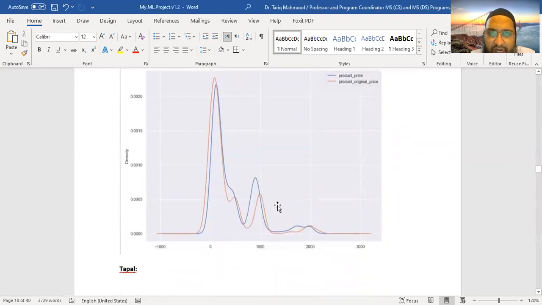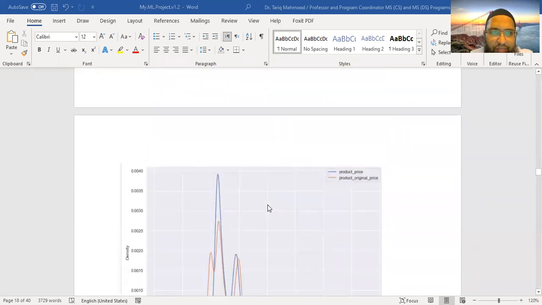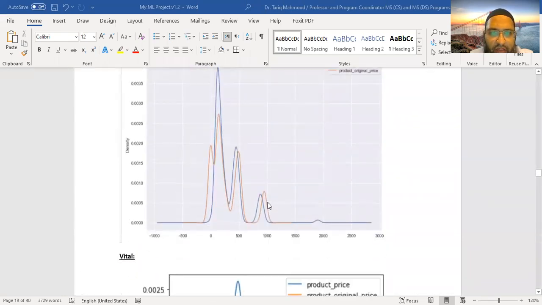Maybe there's some sort of a negative discount, because instead of giving a discount, we are in fact giving a penalty to the user. So that is the only way that the product price can exceed the original price, or maybe it is some error in the calculation.